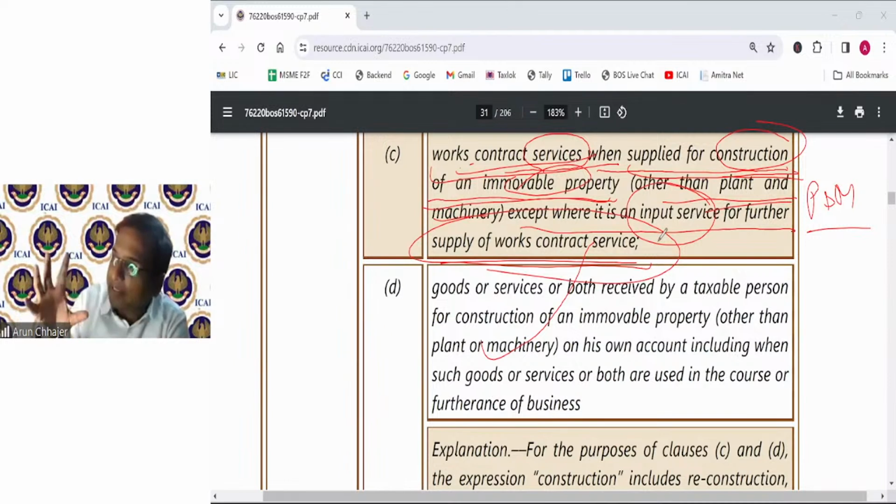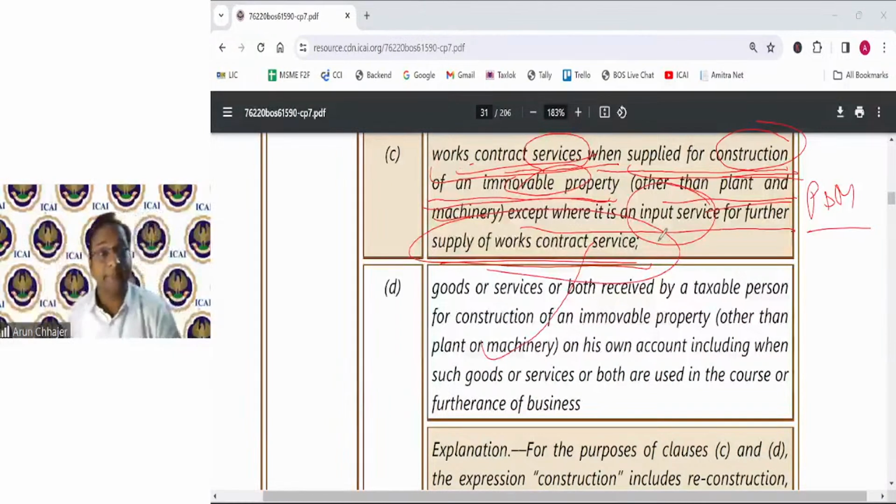Now, second pattern. Let's say I have not given the entire work to L&T this time. What I have done is purchase the bricks, iron rods, cement, etc. Every item individually I have purchased. And I have engaged a housekeeping company to provide the labor.